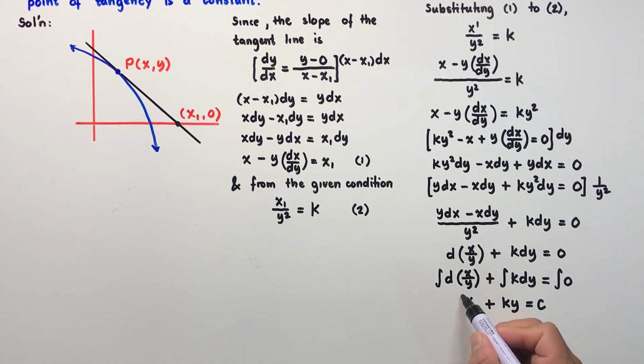Multiplying both sides of the equation by y, we have x plus ky squared, which is equal to cy. Then therefore, this is our answer for this problem here.